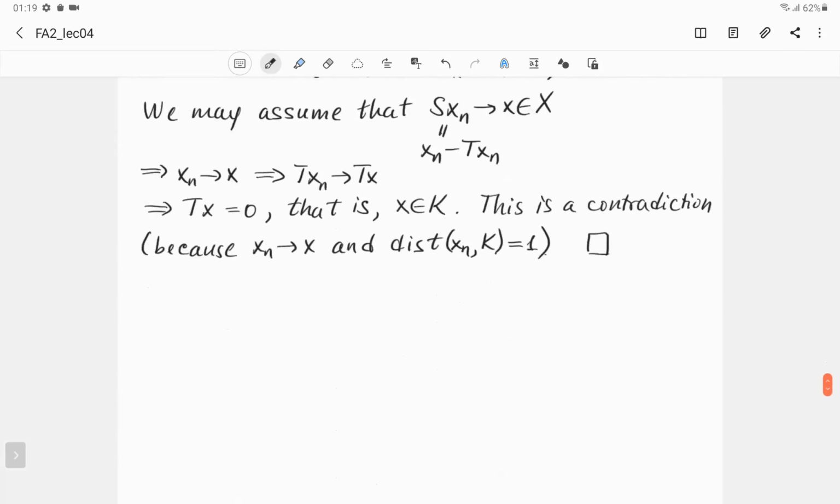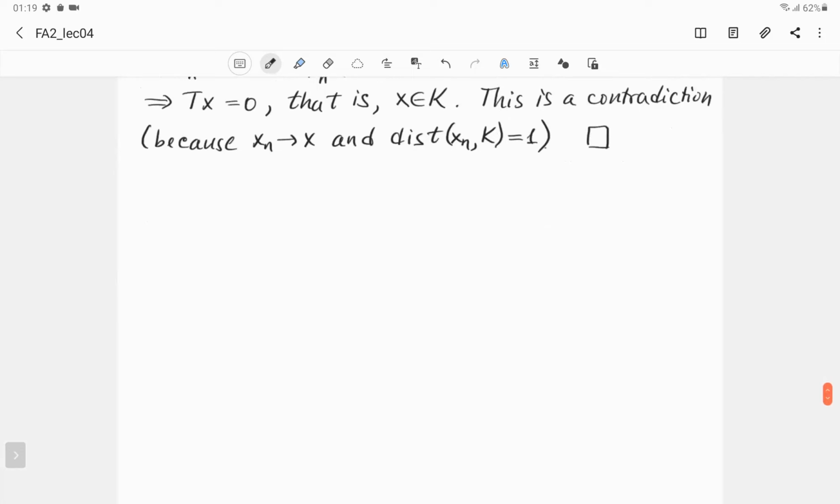Okay, now step 2. I claim that T is Fredholm. The proof is a nice application of the duality argument. Well, indeed, we already know that the image of T is closed.